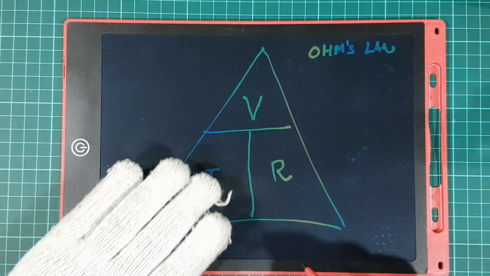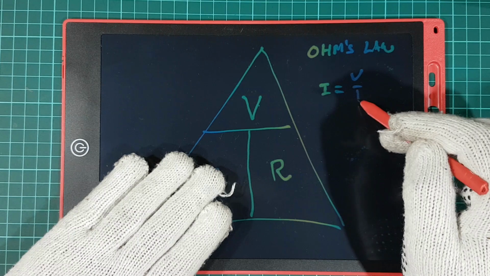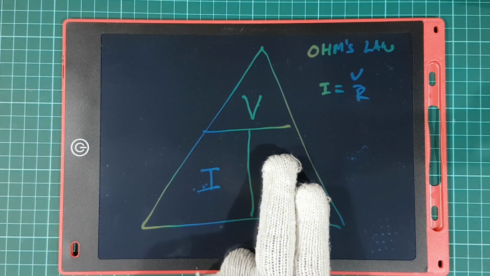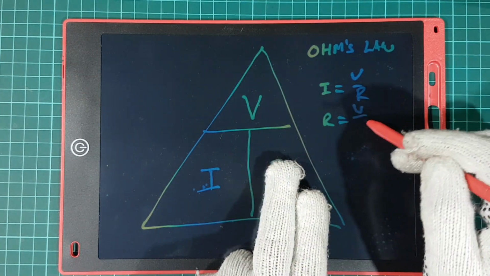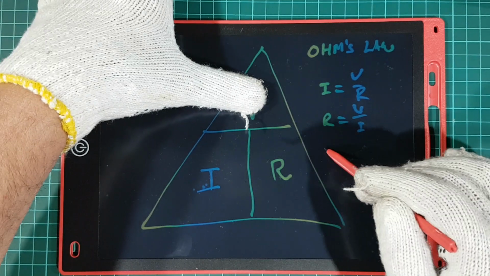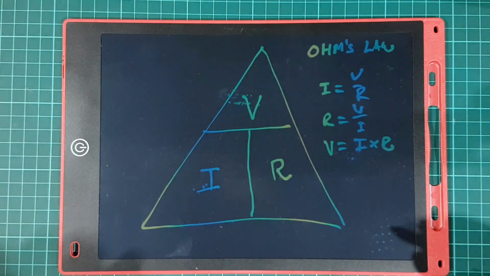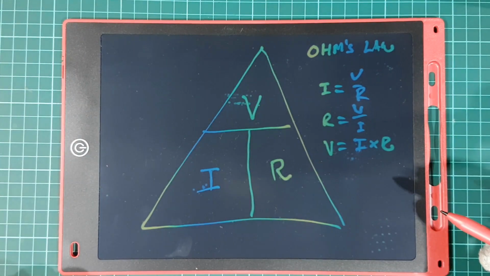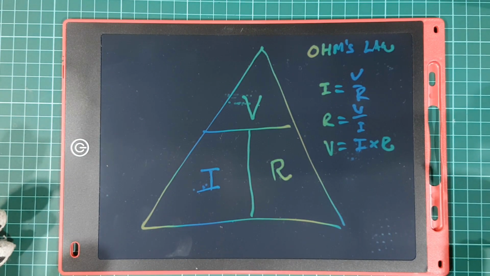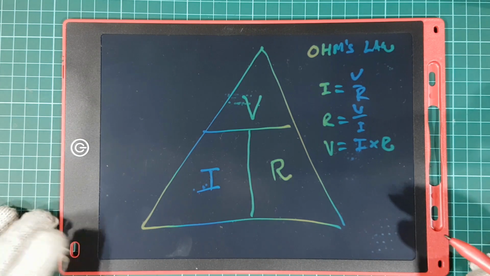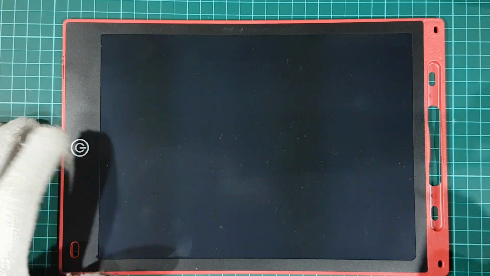If you need current, the formula is I equals V divided by R. If you need to calculate resistance, then R equals V divided by I. And if you need voltage, then voltage equals I multiplied by R. And that's how we get to this. So this is just a formula we use to calculate the different factors that influence the power that's going into our element. So now that you know how this works, let's show you more about it.